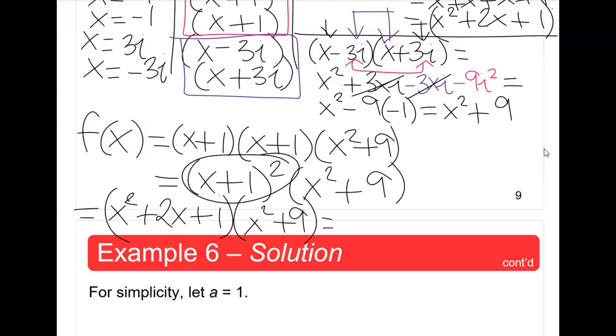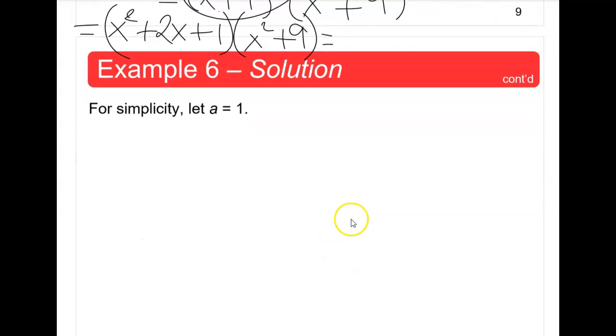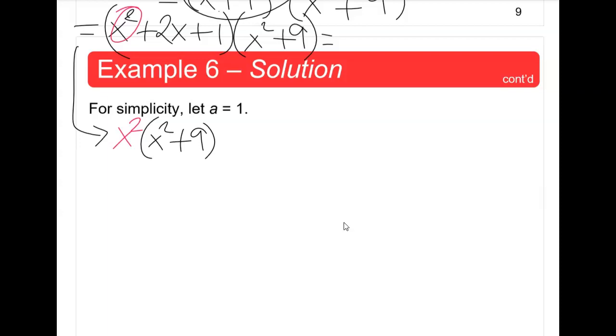So if we work this problem out, let's just do it down here. First we could take this x squared and distribute it to the x squared plus 9. Then we could take the plus 2x and distribute that to the x squared plus 9.